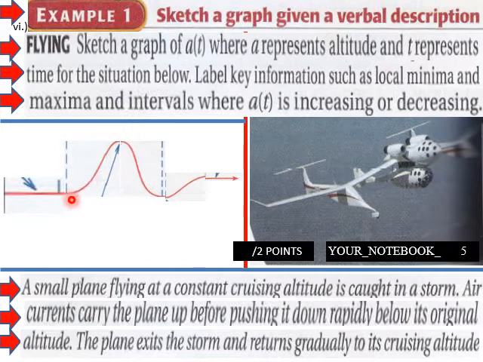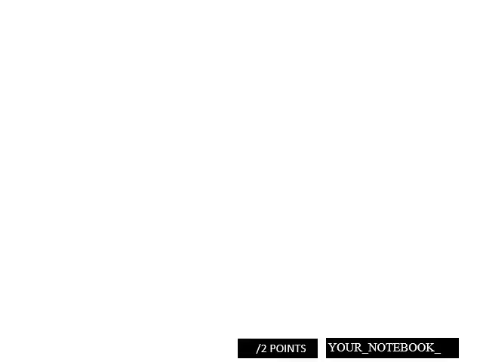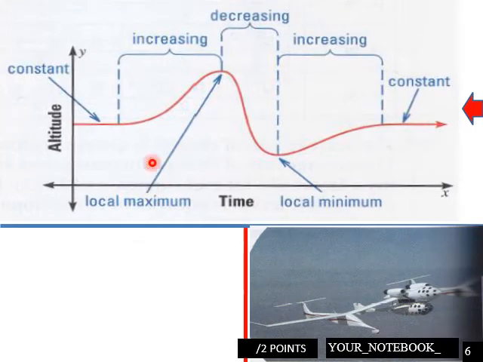So we started here, and we're a little bit below here. The plane exits the storm and gradually returns to its cruise. That would be that graph there. So this is like analyzing this flight portrayed by a graph: increasing, decreasing, increasing, and constant will be flat. And this is time, your domain is time, and your altitude will be your range.